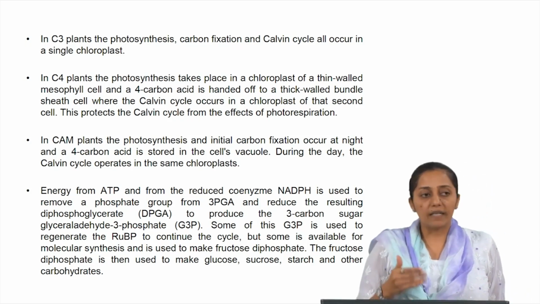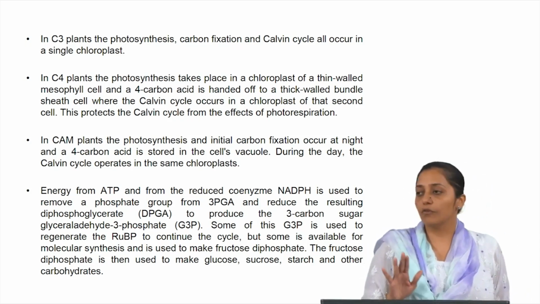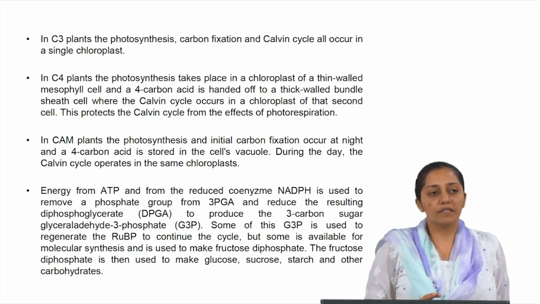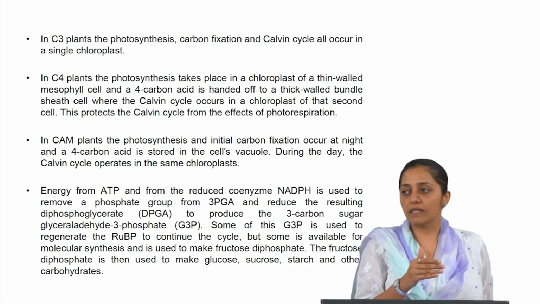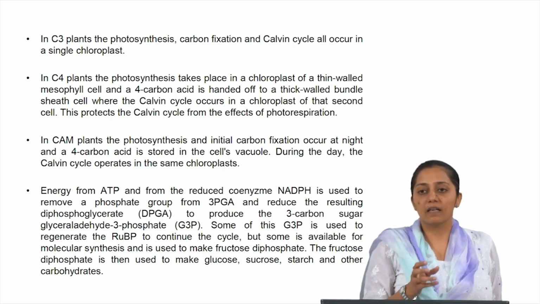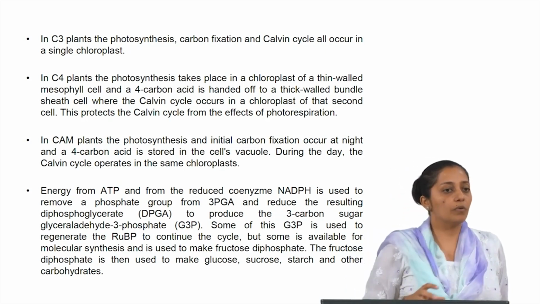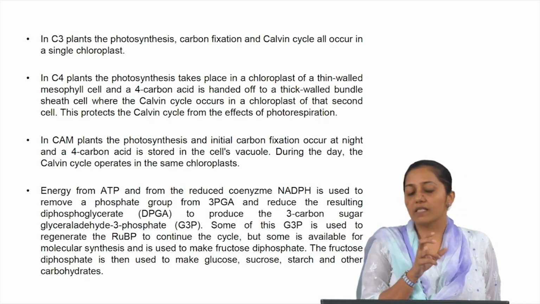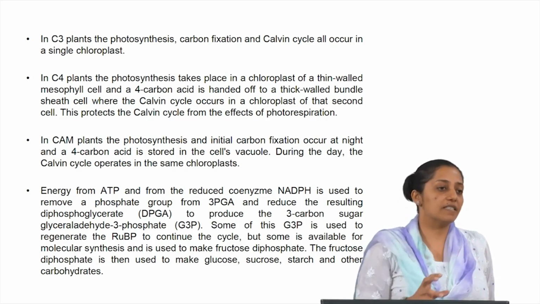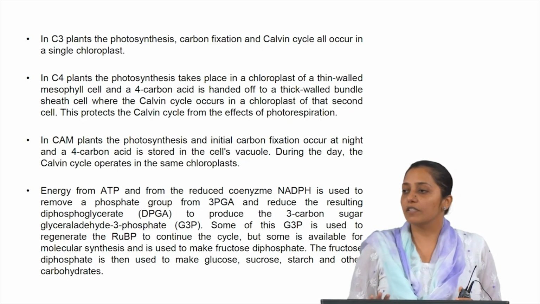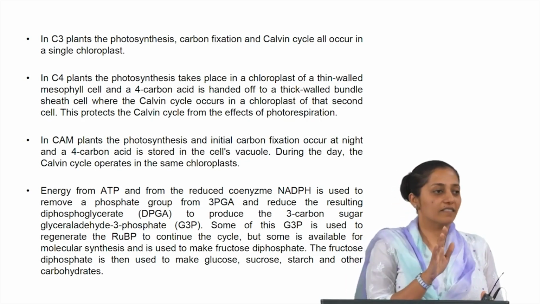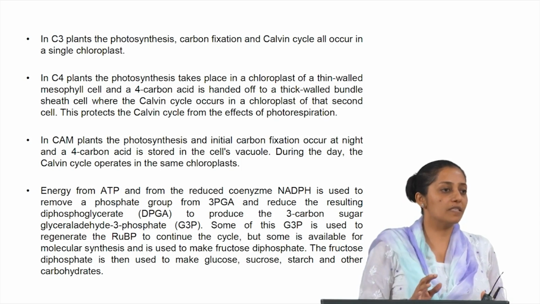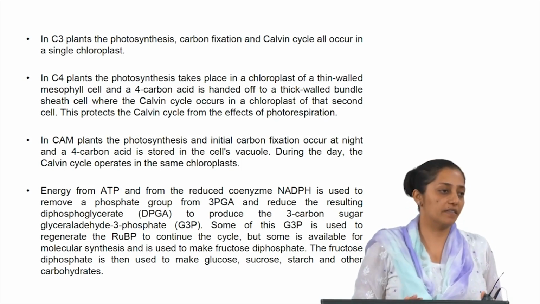So, there is one adaptation which is called C4 metabolism. In C4 plants, the photosynthesis takes place in chloroplasts, and I was mentioning that there are cells which surround the vascular bundle. These are called bundle sheath cells. Now, why is it called C4? Because the first stable compound formed is malate or aspartic acid.